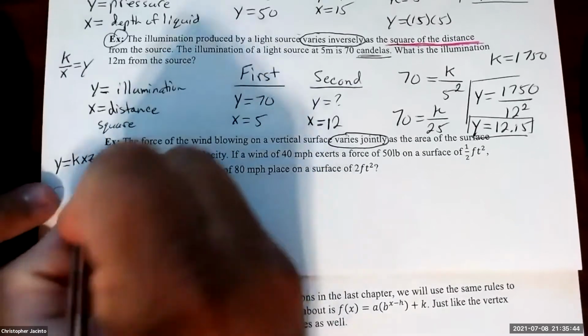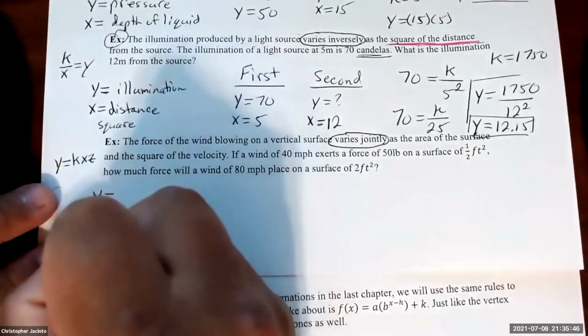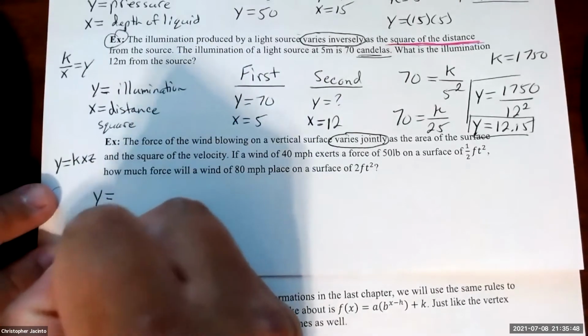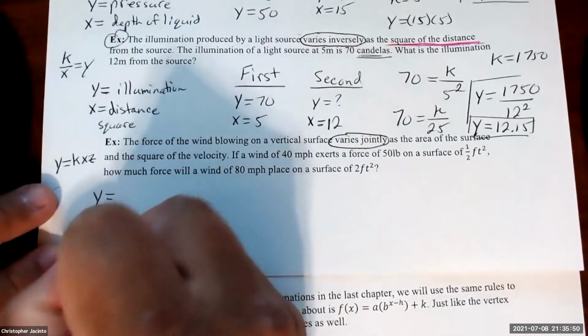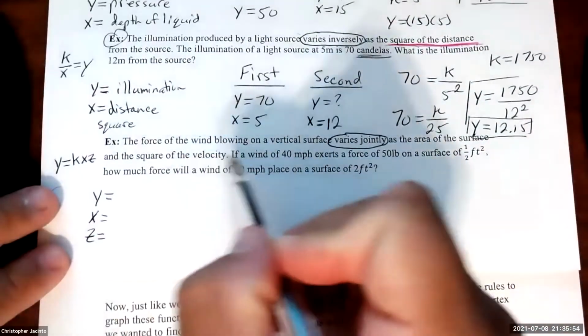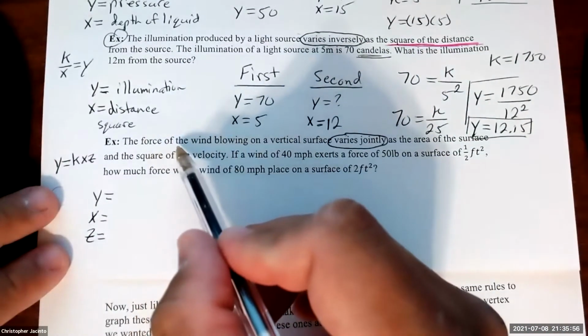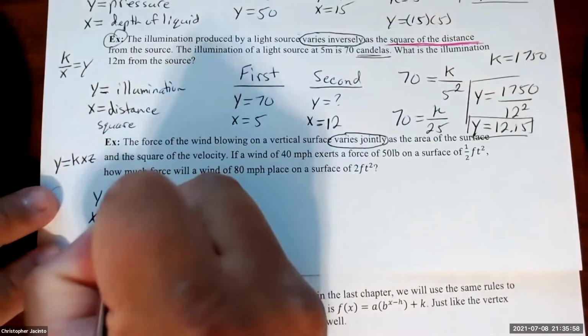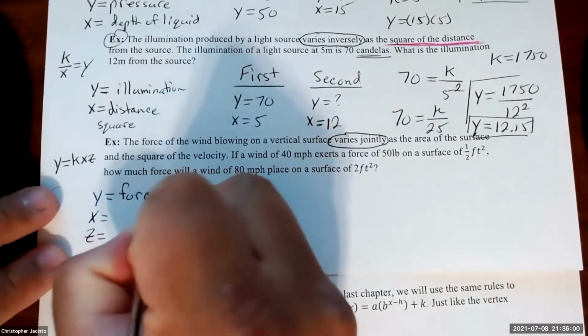Okay, so let's write some stuff down. So we need Y, X, and Z. We know it's jointly, so everything before it's going to be the X. The force of the wind blowing, so we know F is going to be the force they're talking about here.